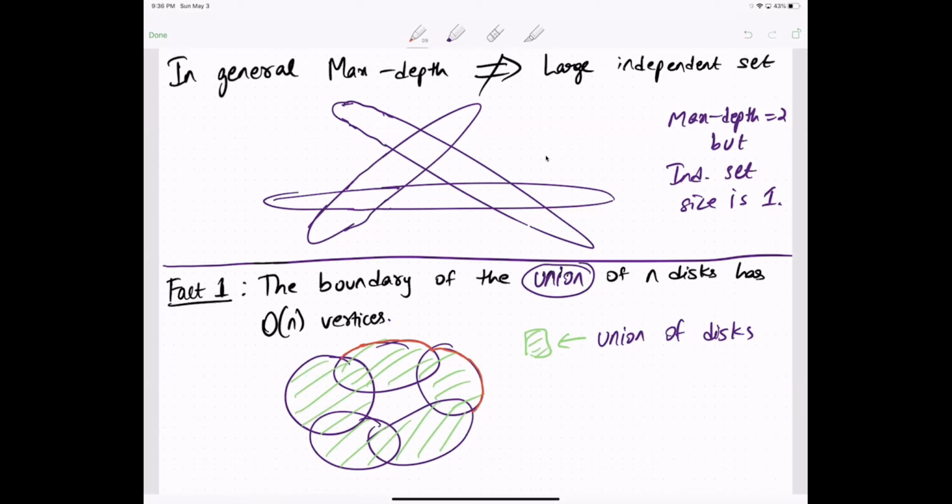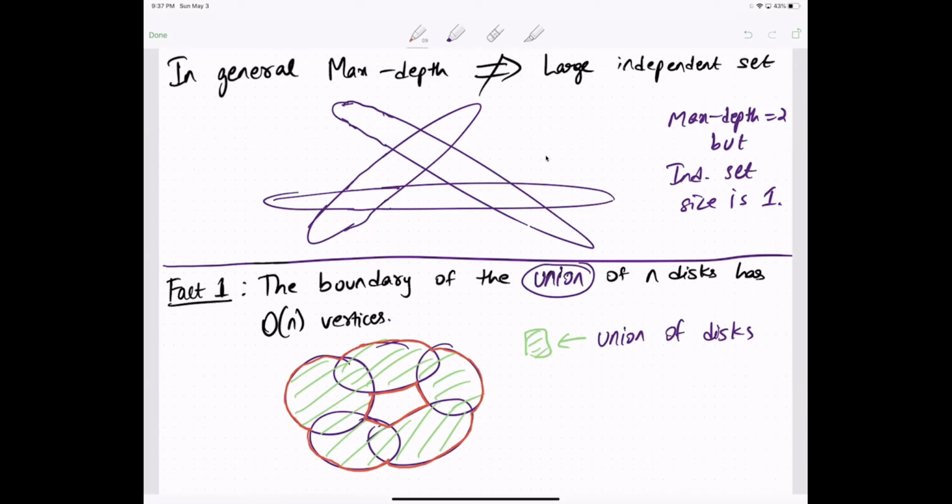So we need to represent it somehow. The way to do that is by telling what the boundary of this object is, and that's what I'm drawing in red here. The red portion is the boundary of the union.